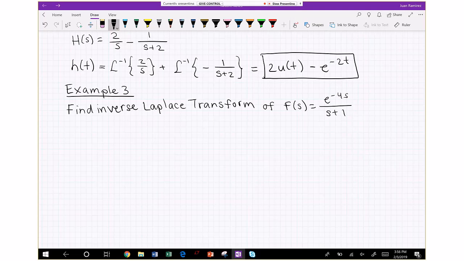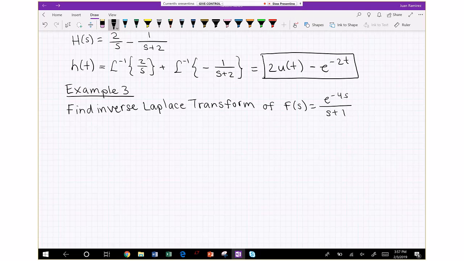Okay, here we can't just right off the bat do partial fraction decomposition. The problem with doing that is the numerator is not a polynomial. So if you remember, that was one of the requirements.